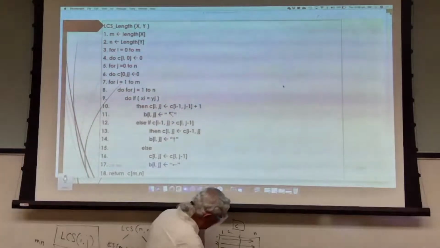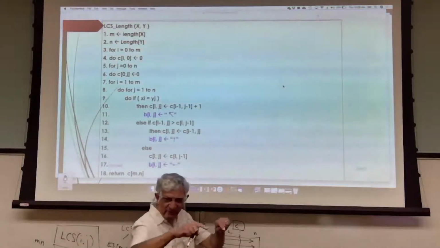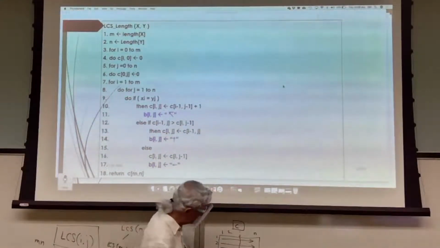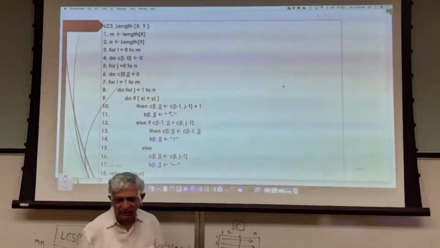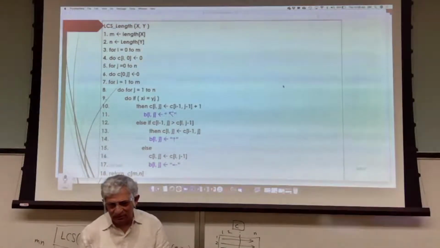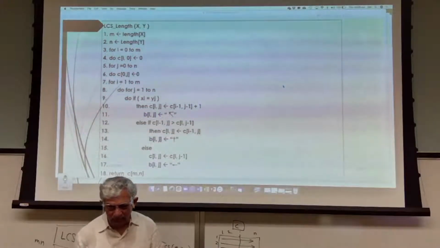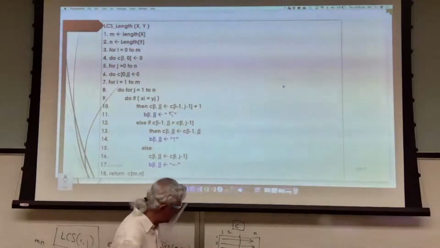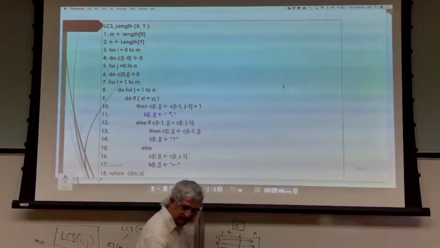Because the solution to this subproblem might use the second, the fourth, and the seventh, but this subproblem might use the second, the fifth, and the sixth. You can never be sure. It all depends on whether this one used this solution or this solution.